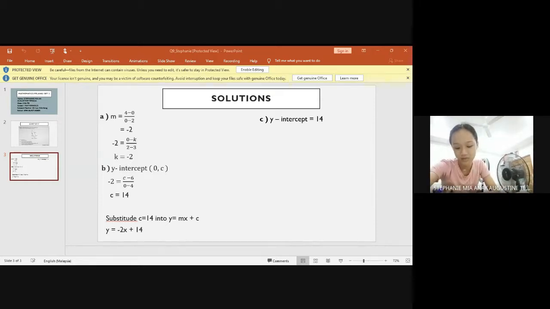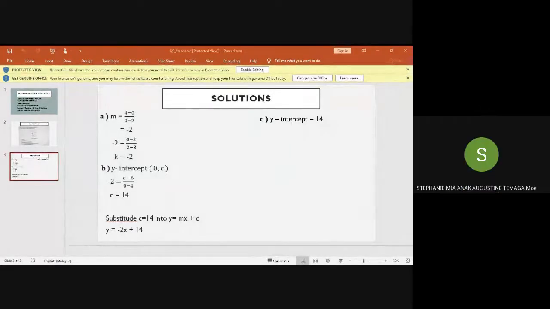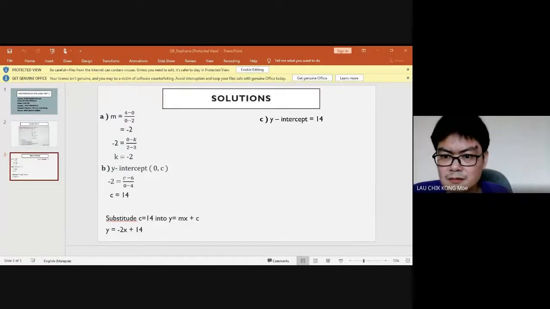Find the equation of straight line CD. X minus 6, y intercept, wait, sir.